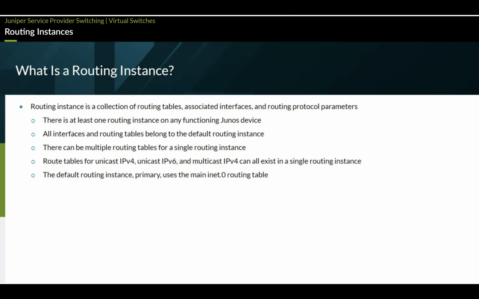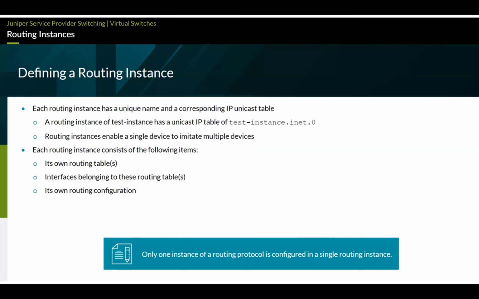This is a similar concept in Juniper vMX or MX. You can configure multiple virtual routing instances, and you can configure those to act as a router or to act as a switch. So today we discuss how to create a virtual switch using routing instances.